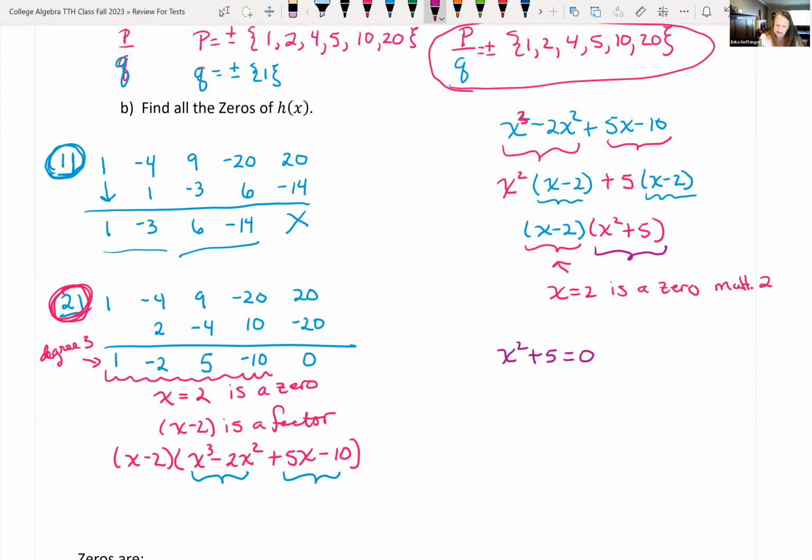Well, if I subtracted 5 on both sides of the equation, I would have x squared equals negative 5. I take the square root of both sides. This is x equals plus or minus the square root of negative 5. So x is equal to plus or minus, square root of negative 1 is i. So i root 5.